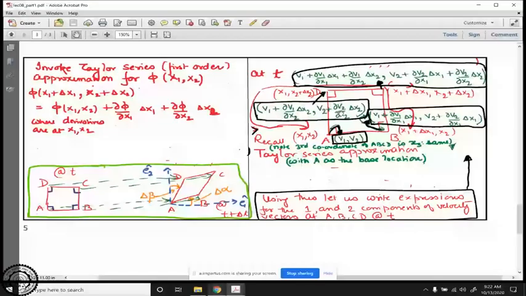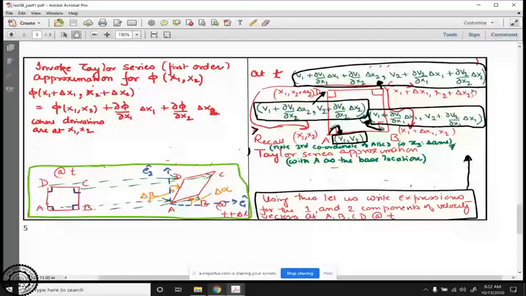But then fluid particle C at time t had a displacement measured from A both along e1 and e2, delta x1 plus delta x2. So the full expression for its velocity components will have both the derivatives sitting there. First component is v1 plus del v1 del x1 delta x1 plus del v1 del x2 delta x2, and second component is v2 plus del v2 del x1 delta x1 plus del v2 del x2 delta x2.